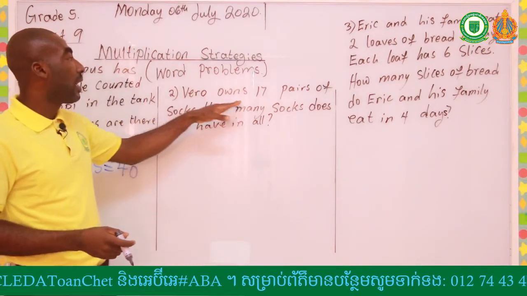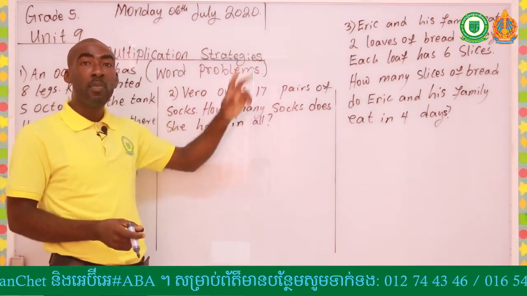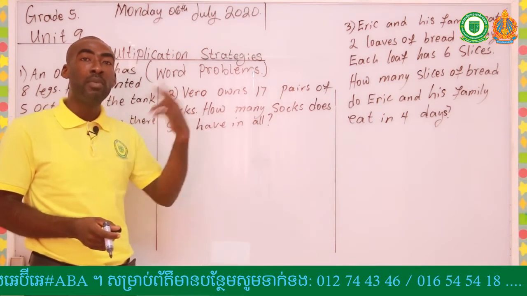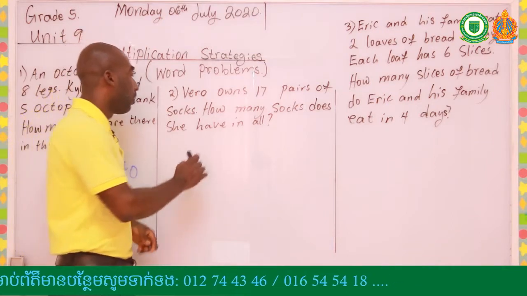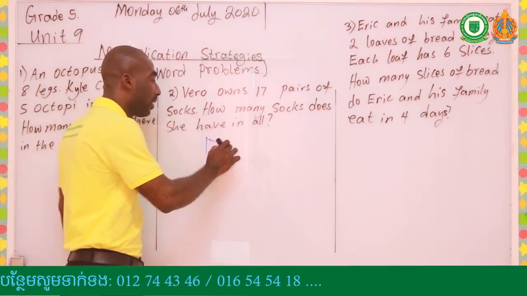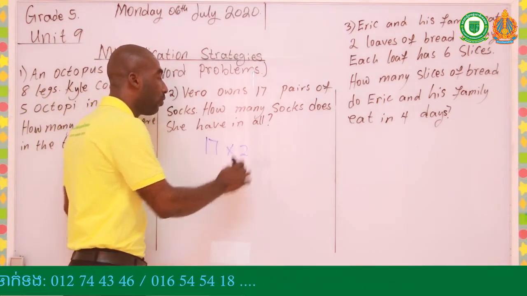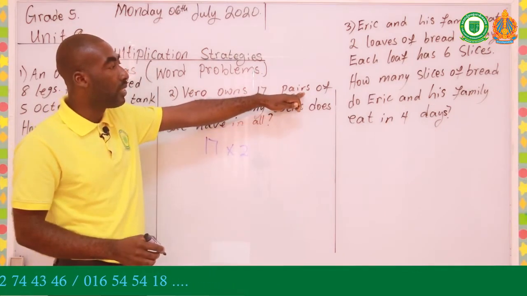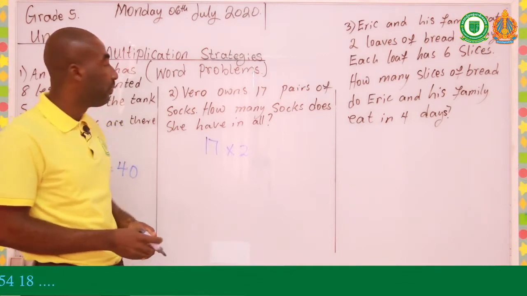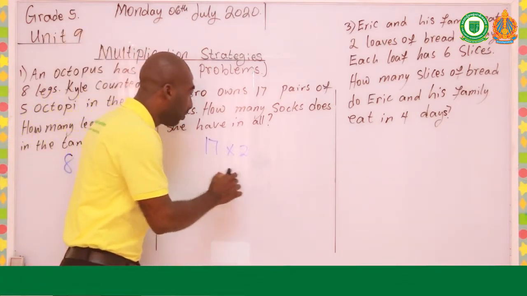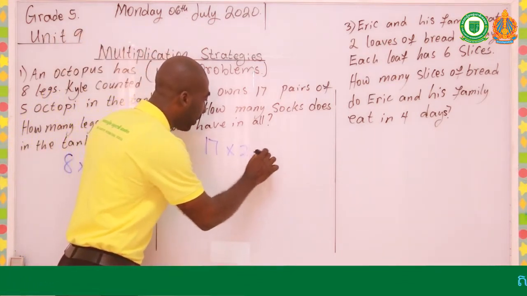So if Vero is having 17 pairs, it means that it is 17 times 2, because pair means 2, okay? So the 17 will come first, and then we multiply by 2. So the 2 will represent the pair that Vero is having. So let's do the calculation and then we see.